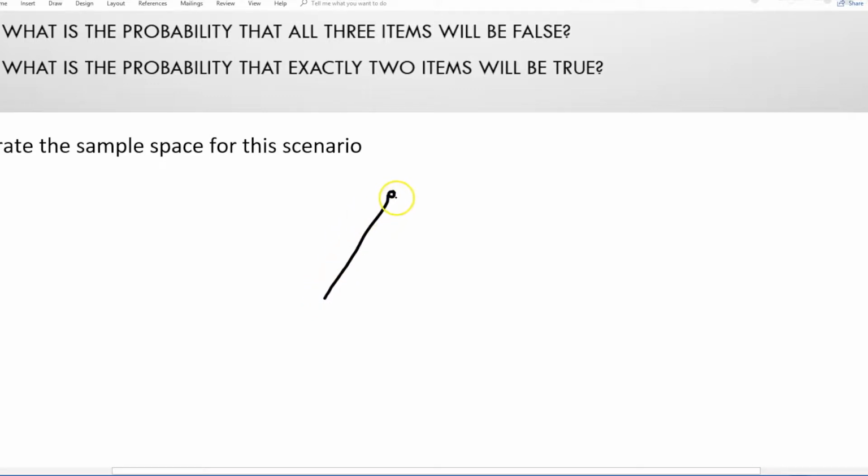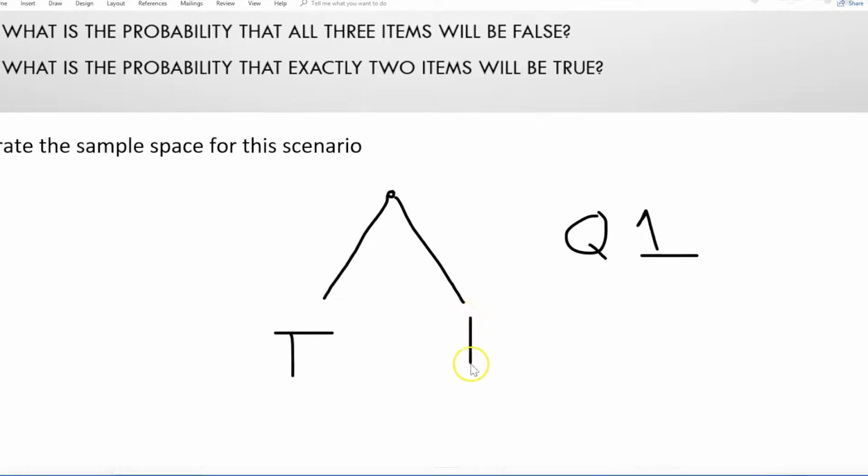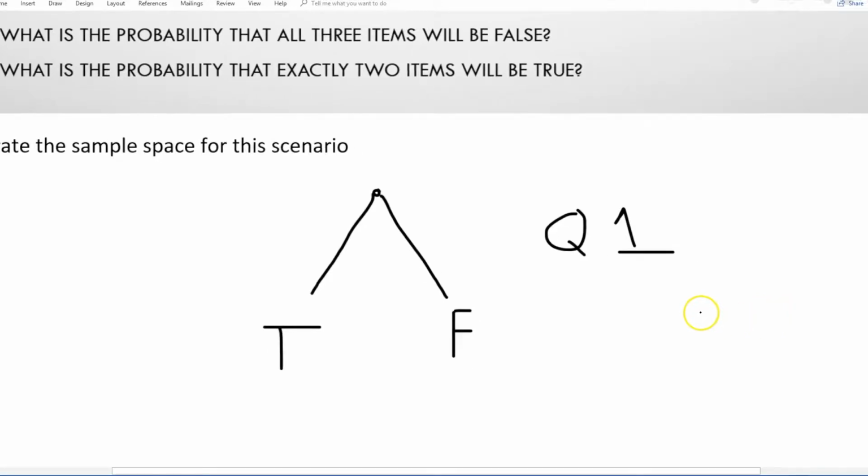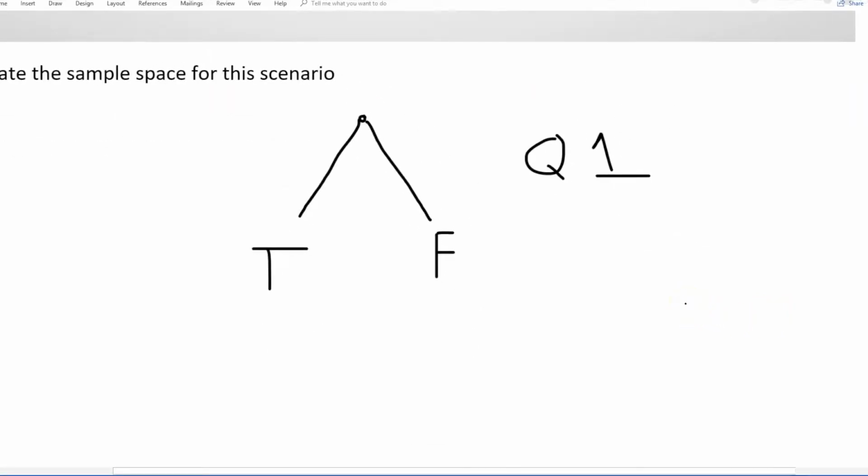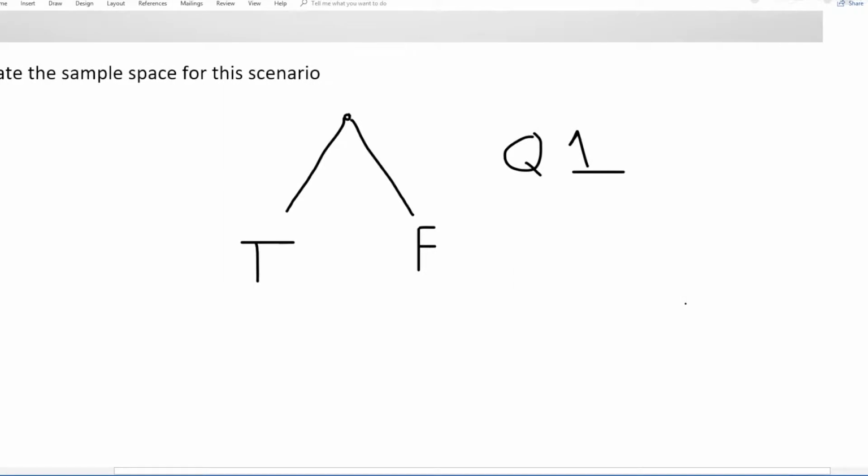So this branch is going to be our question 1, and the 2 possible outcomes are true and false. Those are the only 2 possible outcomes, right?